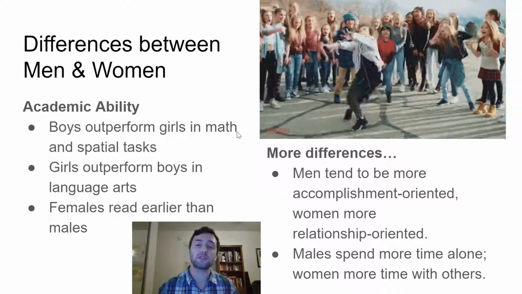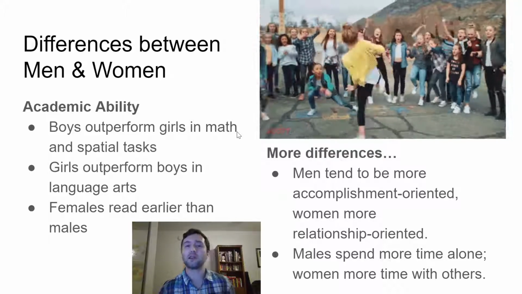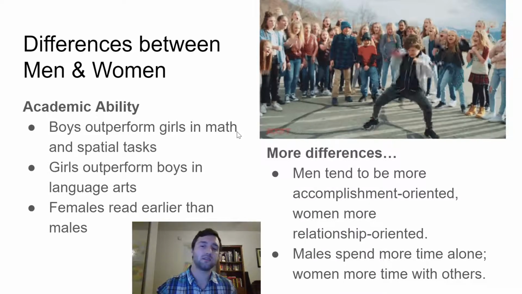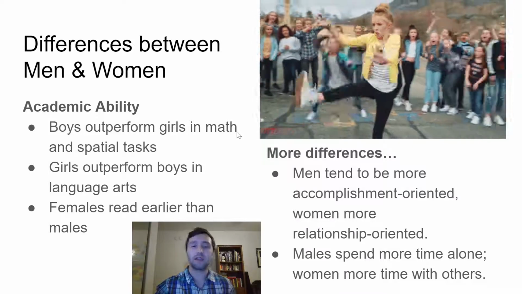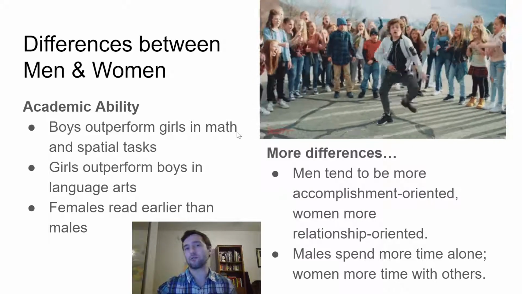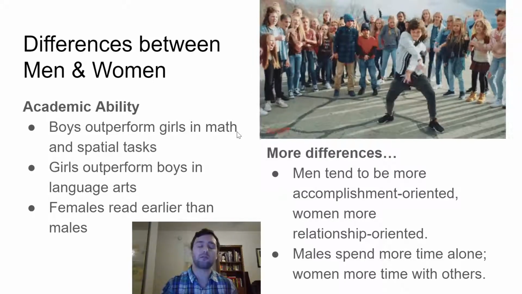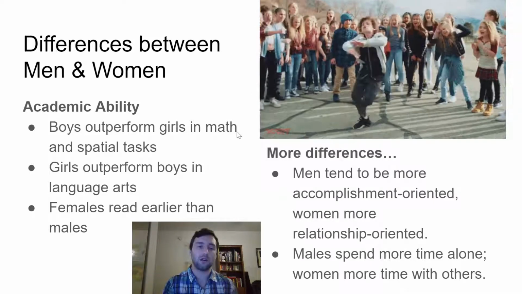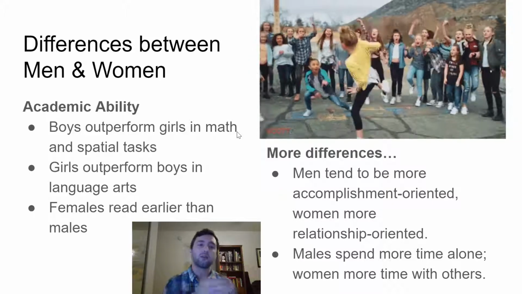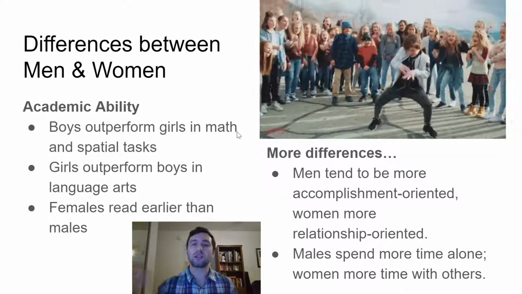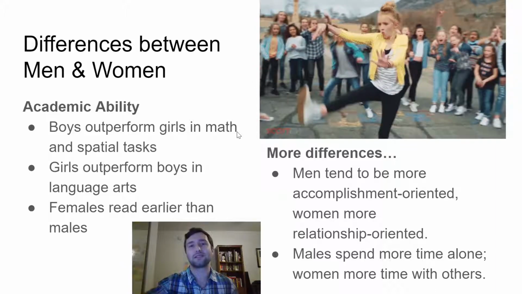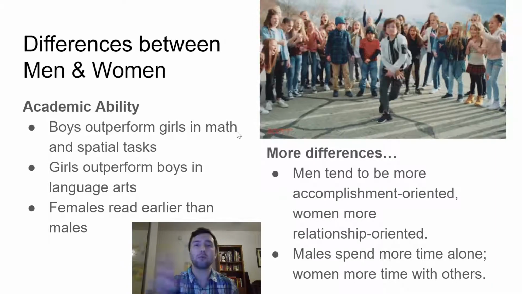We also see differences in how they orient what they're doing. So men tend to be more accomplishment oriented and women tend to be more relationship oriented. So again, these are overall pieces, but overall men are more likely to be focused on doing specific things, right? Winning an award, getting a certain position, getting a certain job, completing tasks. Where women tend to be more relationship focused.